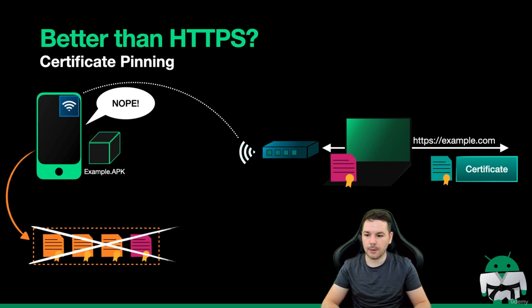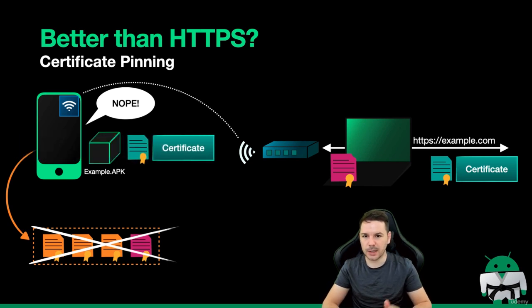Alright? Okay, so how is this application verifying if it's connected to a fake system or the real system? Well, there are two options for the developer to achieve this. The first one is that the developer simply includes the certificate into the application itself, within the assets or the raw storage or wherever the developer wants to put it.